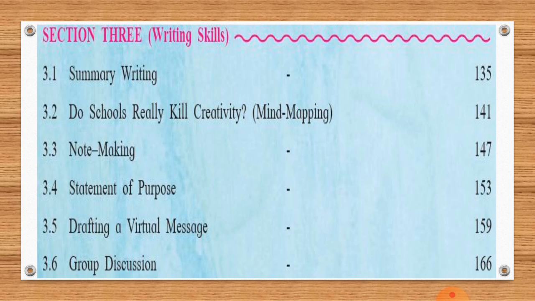Students, keep in mind there will be compulsory activities based on summary writing and mind mapping in your exam. Then we have to focus on the note making skill also. Actually, all of you are already familiar with note making in your 11th standard. Then we have to focus on some different writing skills in 12th standard, such as statement of purpose, and in short it is called SOP.